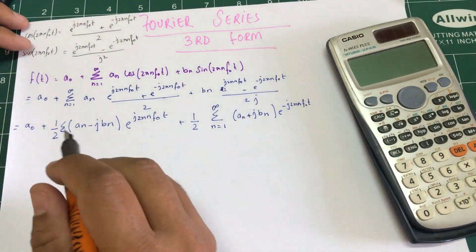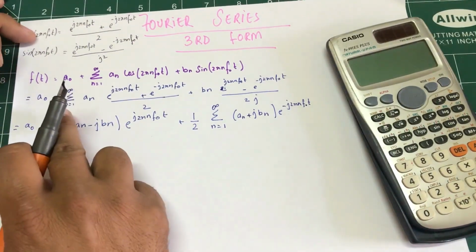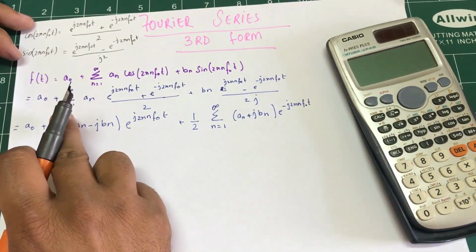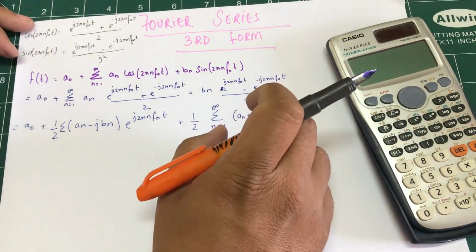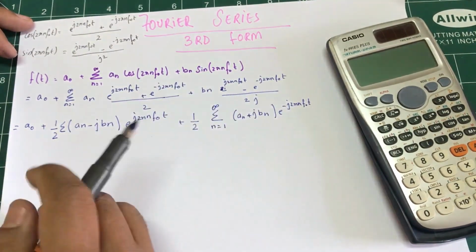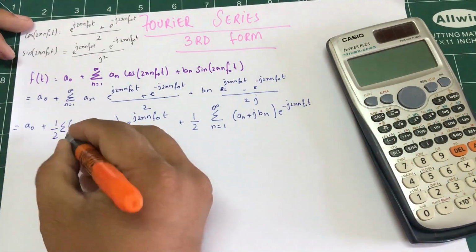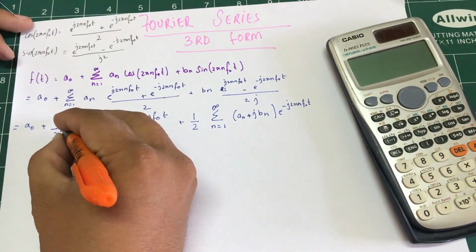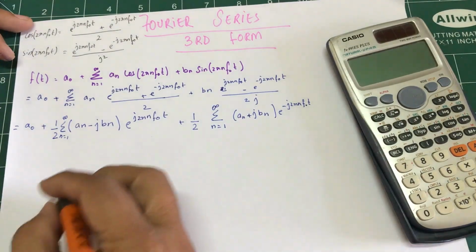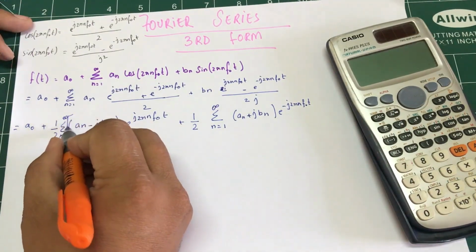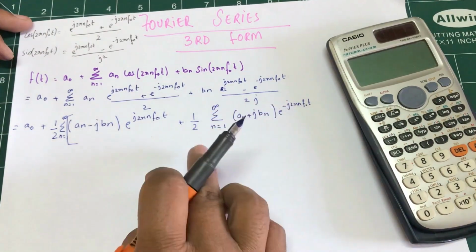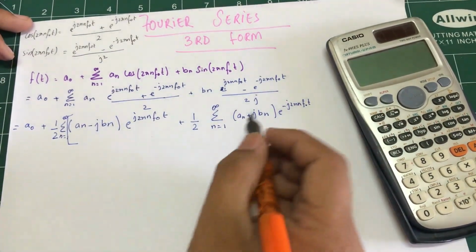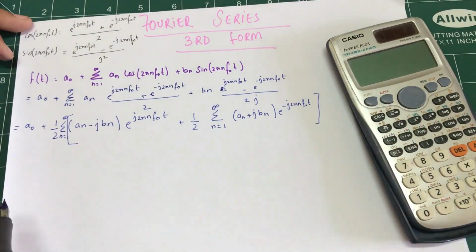I hope you guys can see this. What have I done? Since summation is a linear operation, I took that half out and combined them together. Or I can just rewrite it with everything inside the summation from n equals 1 up to infinity, while having the 1/2 and this term outside.